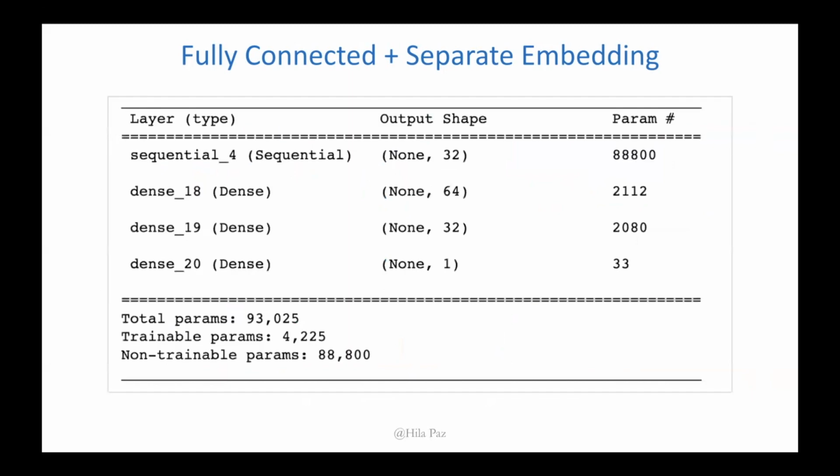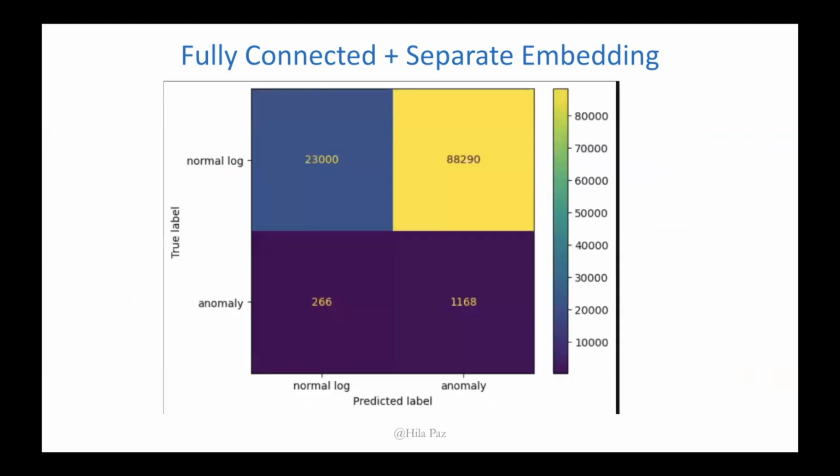First, I've tried to separate the encoding task from the classification task, hoping to let each network focus on a single task. But unfortunately, with 4,205 trainable parameters, the network classifies nearly 80% of the normal sessions as anomalous and only 82% of actually anomalous sessions as such.